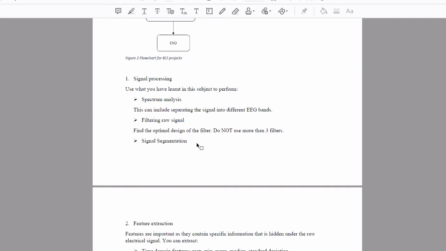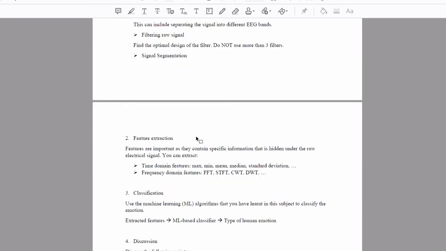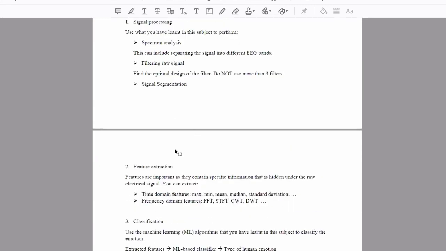Next, we can segment the signal. Then, with the segmented signal, we'll do feature extraction, which can be categorized into two domains, either time domain or frequency domain, or we can do both. In time domain, it's quite simple: max, mean, standard deviation, variance, and those sorts of statistical ones.